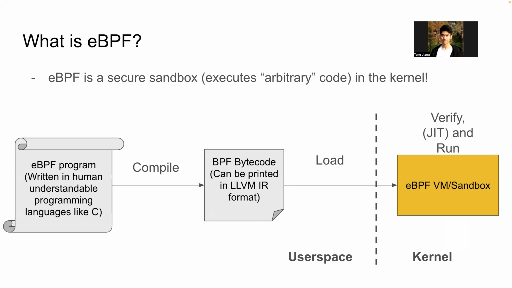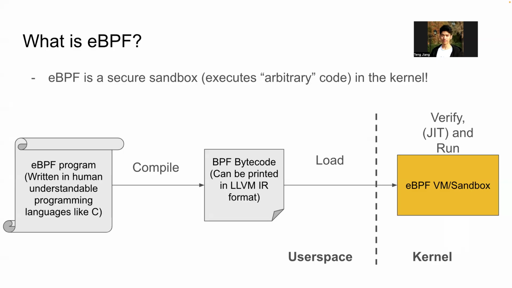It goes through a compilation phase to translate the human readable eBPF program to eBPF bytecode. The bytecode is kind of like assembly, but represented in bytes. You can use the LLVM tool to easily convert it to an LLVM intermediate representation, which is assembly like, but doesn't run on any machine, since it's just a conceptual idea of the instructions.